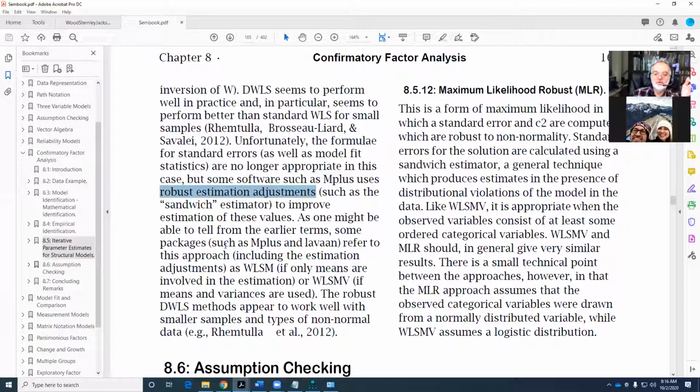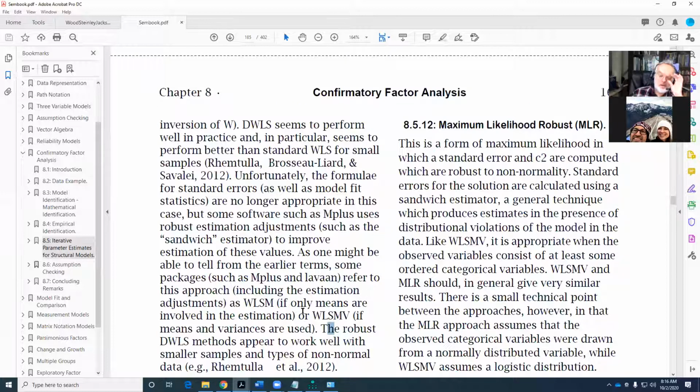Other programs, though, are not there yet. So the robust approaches tend to work well with smaller samples and certain types of non-normal data. There's another way of doing the estimation. So M+ and other packages will default to diagonally weighted least squares.